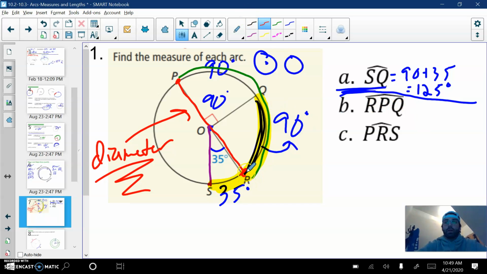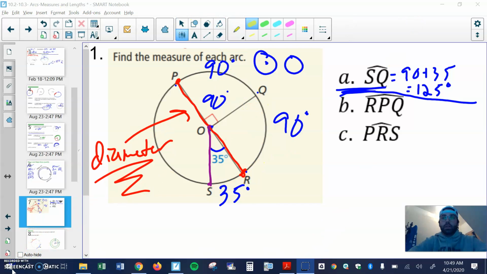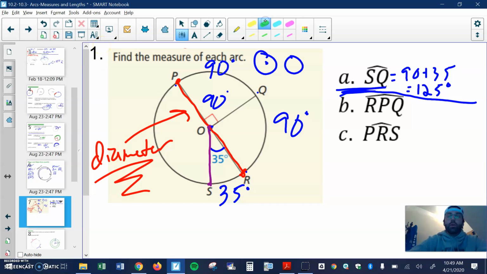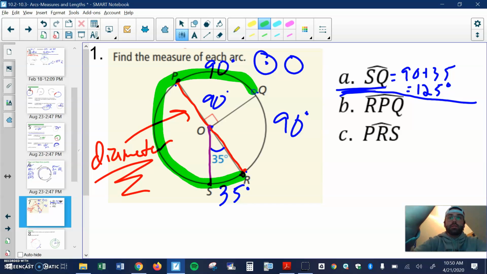RPQ. So I'm going R to P to Q. I'm going to pause for a second and erase some of this stuff off here. Hopefully that's a little bit better. The order matters. RPQ means I go from R to P to Q. Figure out how many degrees that is. Well, I can do it two ways. I can find out the measure of this arc, SP, by doing 180 minus 35.